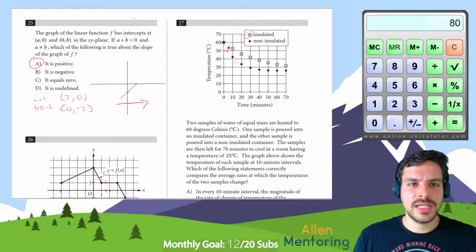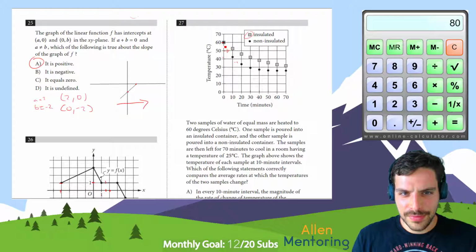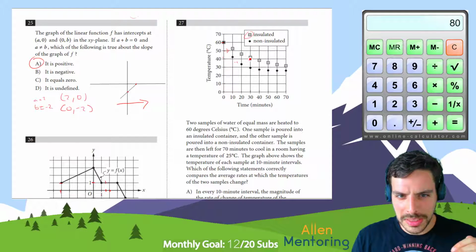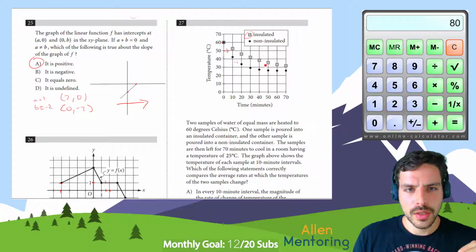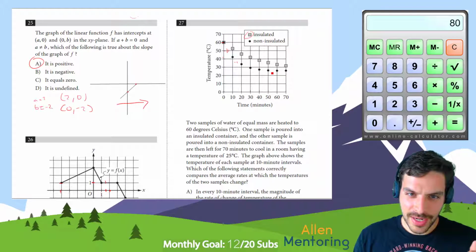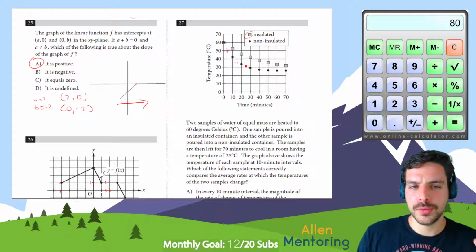All right, and then we see the squares are a bit more even, right? They kind of dip a little bit to start, and they slowly get cooler and cooler, whereas the non-insulated, right away, they get super cool, and then they kind of stay at their coolness. So let's look at this. How do we compare the two?